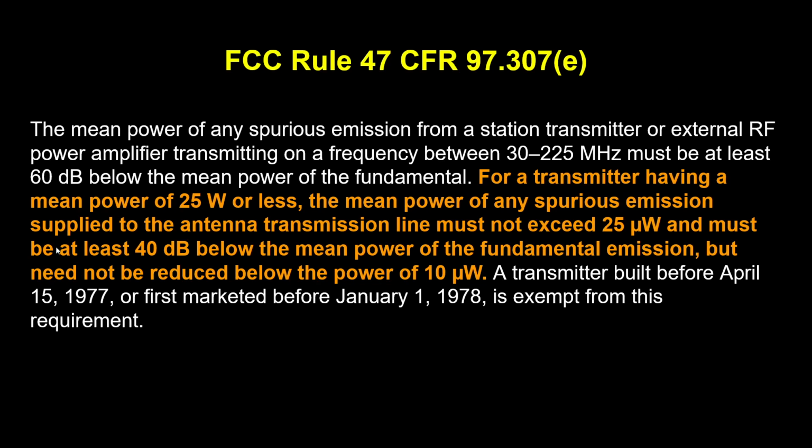For a transmitter having a mean power of 25 watts or less, it becomes more restrictive. It has to not exceed 25 microwatts and must be at least 40 dB below the mean power of fundamental emissions, but need not be reduced below 10 microwatts.